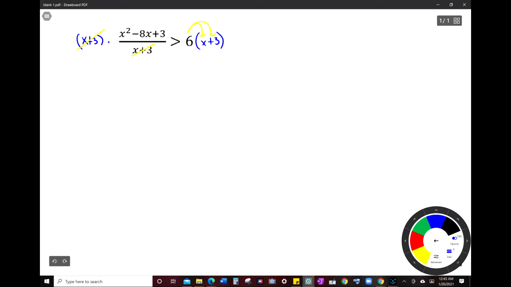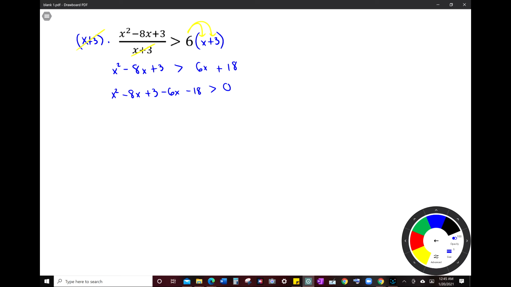So now on the left side I have x squared minus 8x plus 3 greater than 6x plus 18, and I bring everything to the left side now. So I will have x squared minus 8x plus 3 minus 6x minus 18 greater than 0.